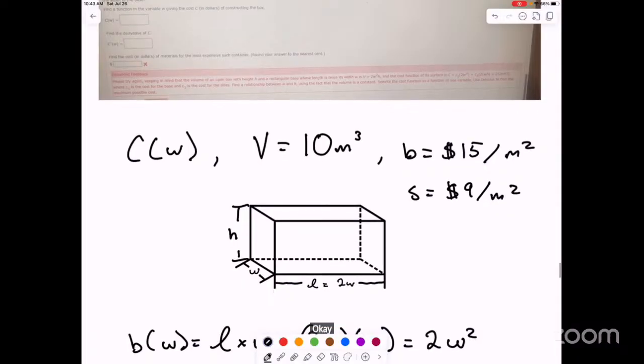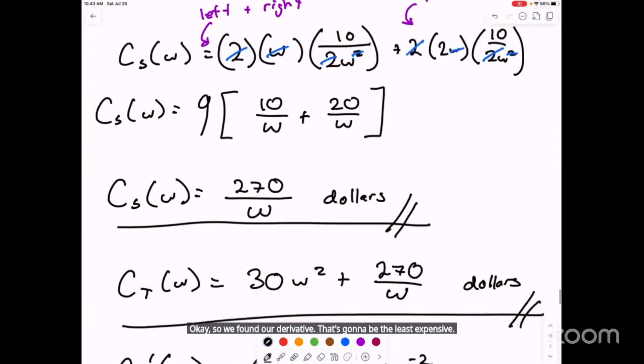Okay. So we found our critical value. That's going to be the least expensive. Okay, so we need to verify that this is a minimum.